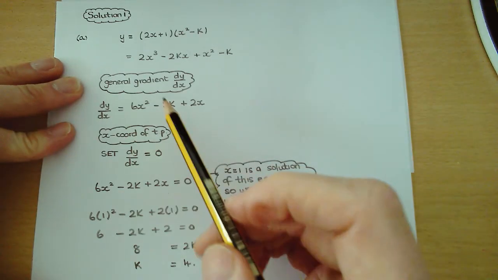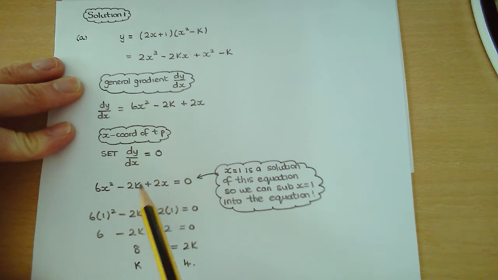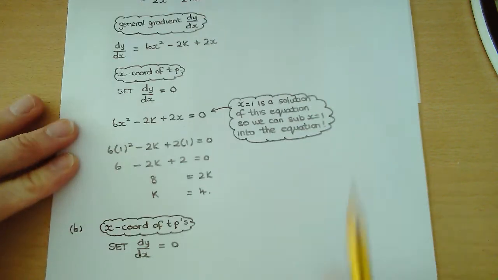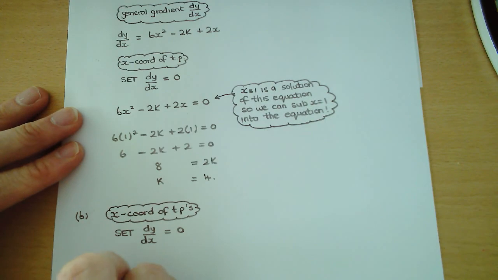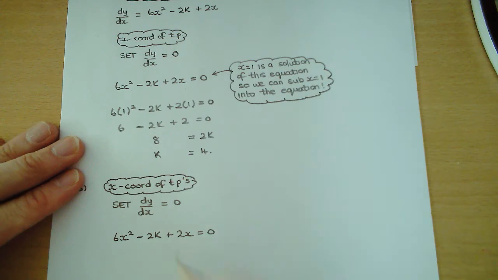And remember, the equation that we had was this one. So I'm going to copy this equation down again, but then I'm going to sub in k as 4. So we're going to have 6x squared minus 2k plus 2x equals 0. Okay, so we're now going to sub in k equals 4.